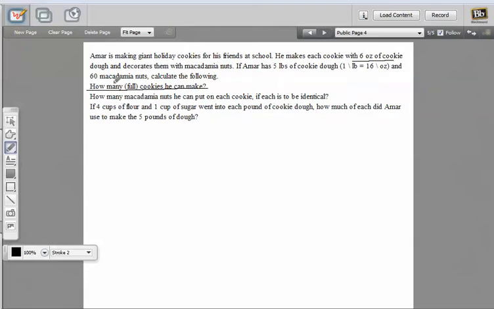So we're going to have to change our 5 pounds into ounces. So we're going to create a conversion here. 1 pound is 16 ounces. And I know I have 5 pounds, but how many ounces will that be?